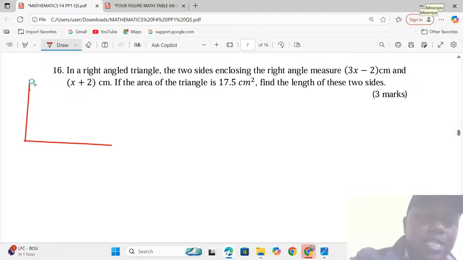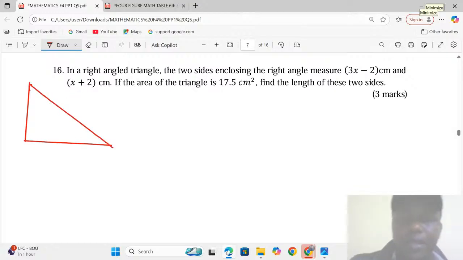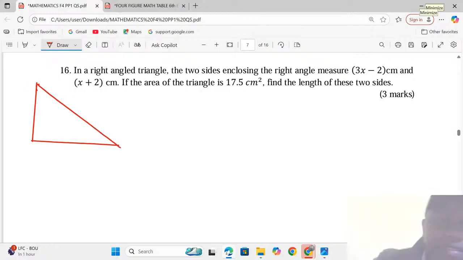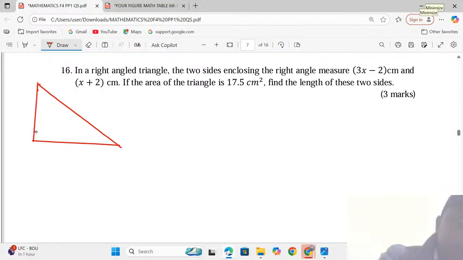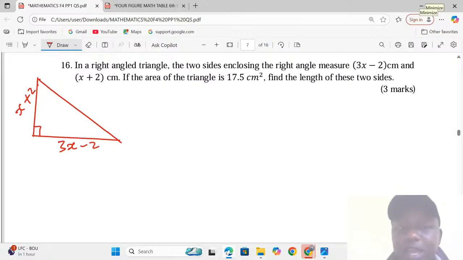We are told that two sides enclosing the right angle. So the right angle is at that point. We have 3x minus 2, and the other one is x plus 2. Then the area is given.